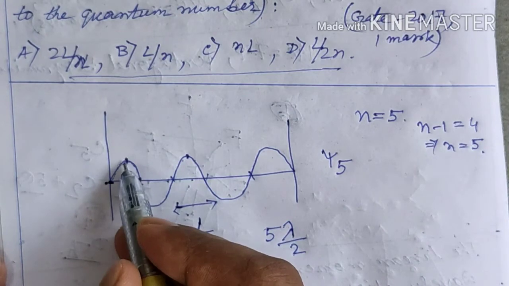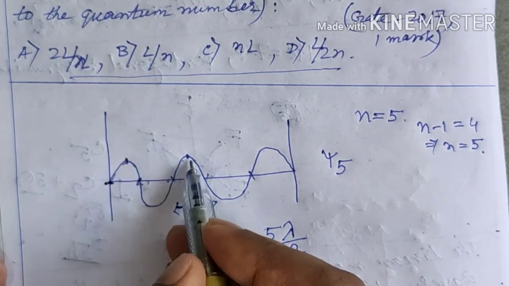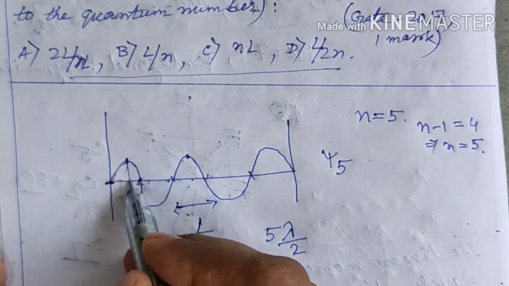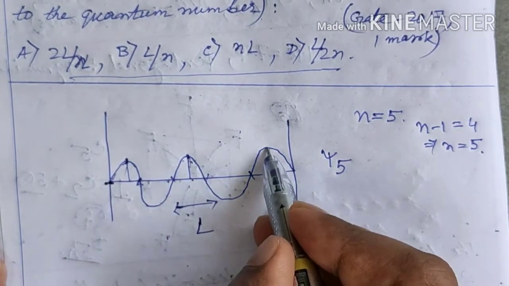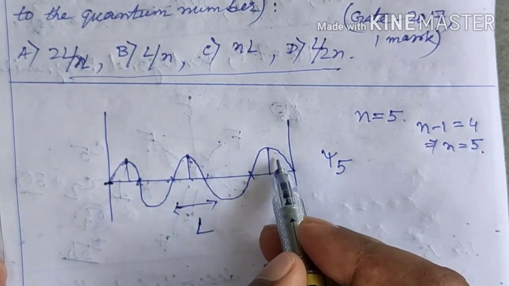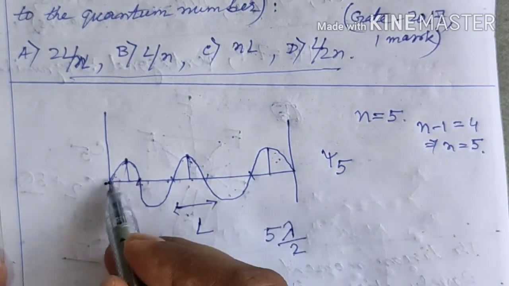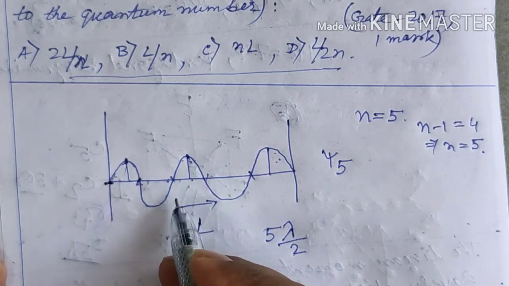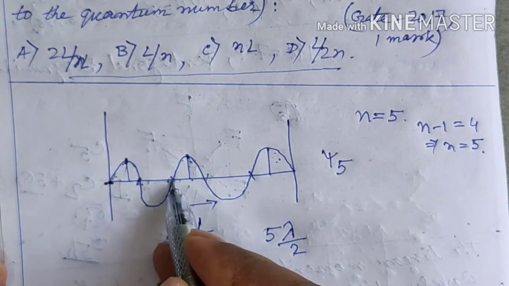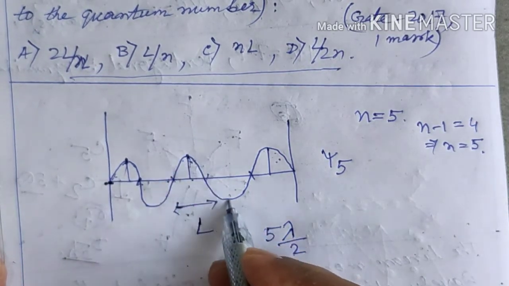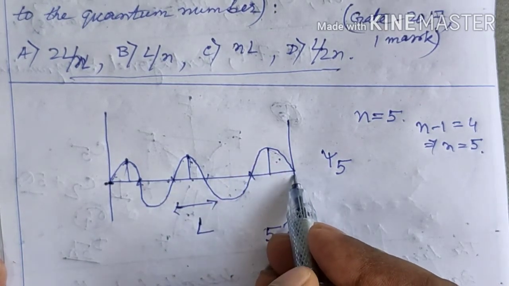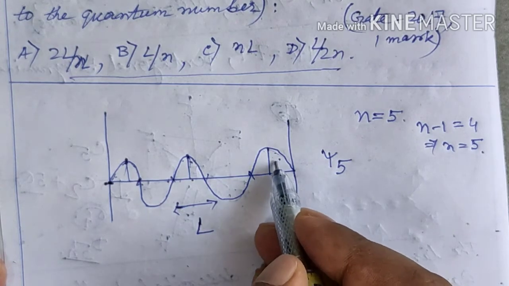Since lambda is equal to distance between two maximum peak, that is 1 lambda and another is 2 lambda, and if we sum this one, this will correspond to half lambda. Or in other way we can think that this is a complete wave, this is lambda, this is another complete wave, that is another lambda, and this is half of the complete wave, that is lambda by 2.